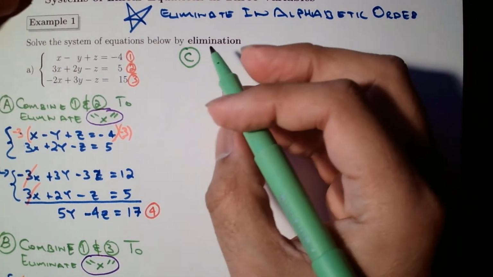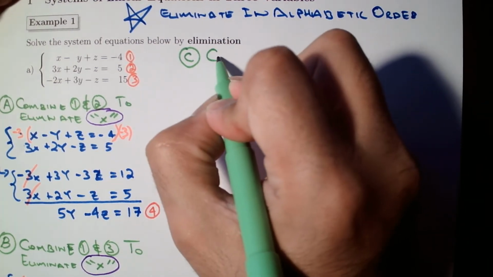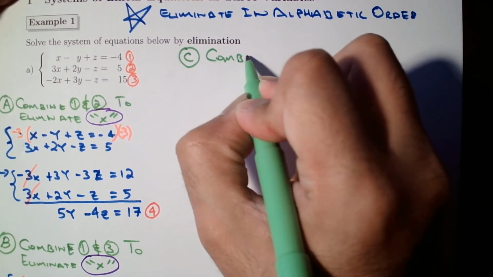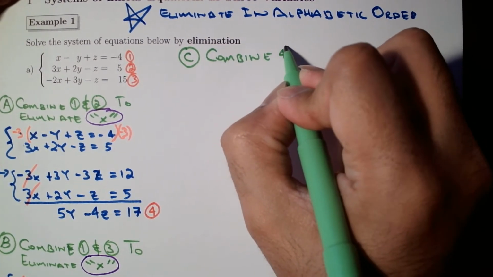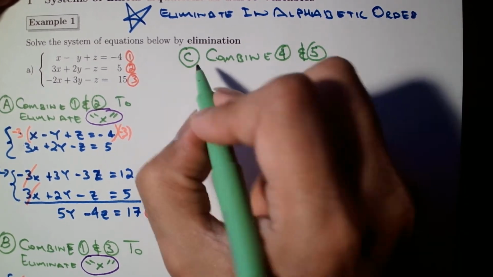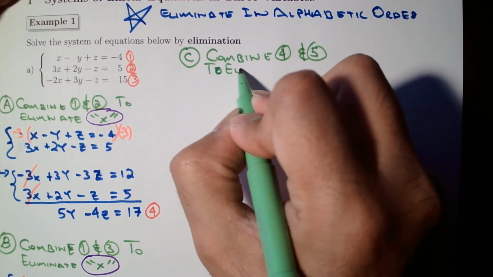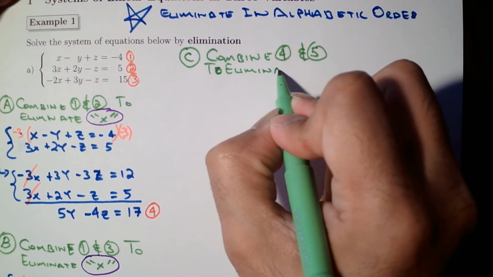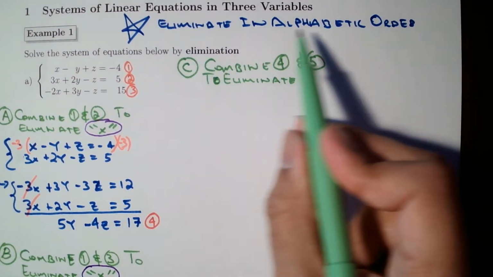And in this case, we are going to do another elimination, another combination. We're going to combine 4 and 5 to eliminate. Well, in this case, again, we're eliminating in alphabetic order.